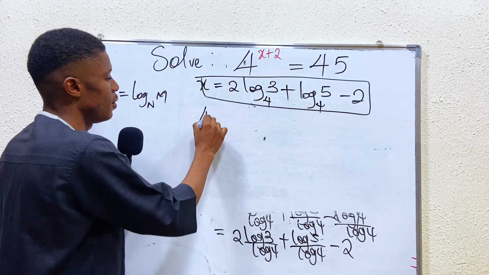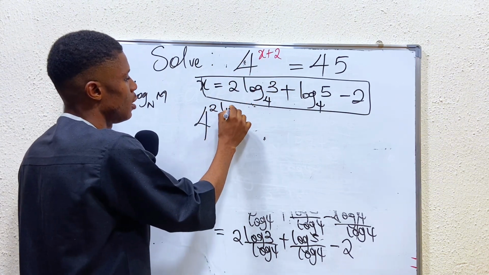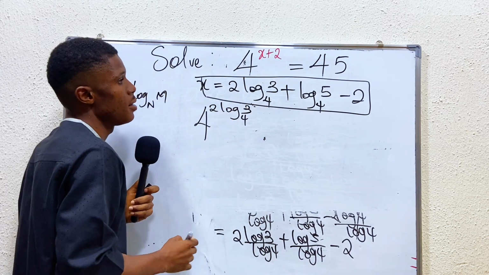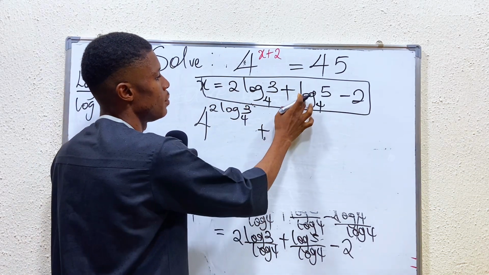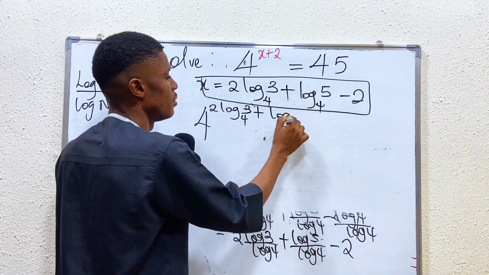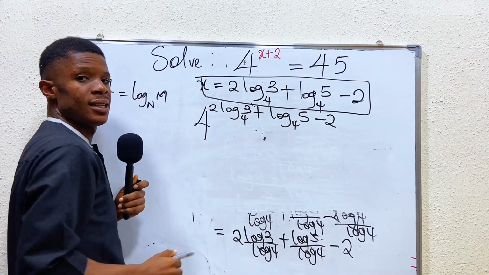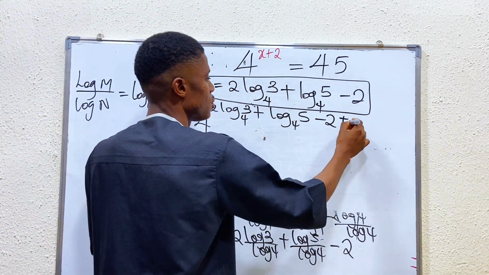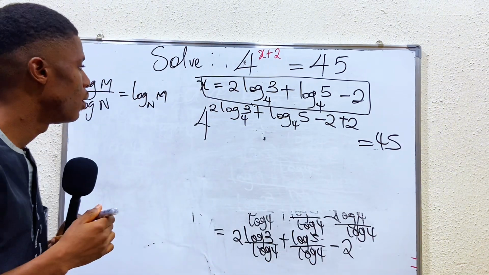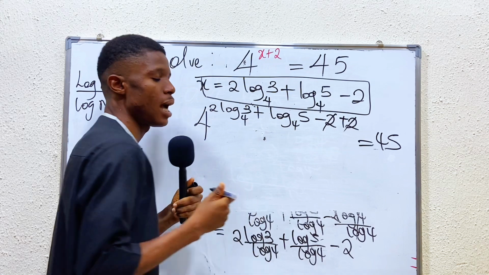So we have 4 to the power of x, which is now 2 log base 4 of 3, then plus log base 4 of 5 minus 2, plus the already existing 2 in the formula. Is it actually 45? Let's verify. Minus 2 plus 2 is 0. So this 2 is out.